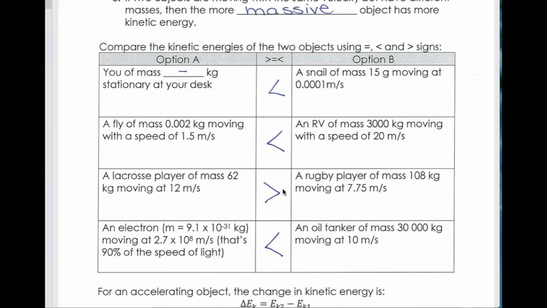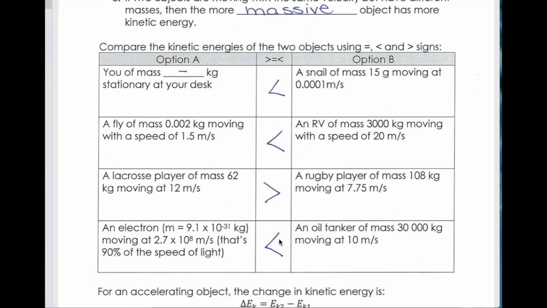For these two, we could actually plug the numbers into our equation: 1/2 times 62 times 12 squared, and then this one as well. We'll find that this lacrosse player, even though they have less mass, because they are moving faster, has a greater kinetic energy.